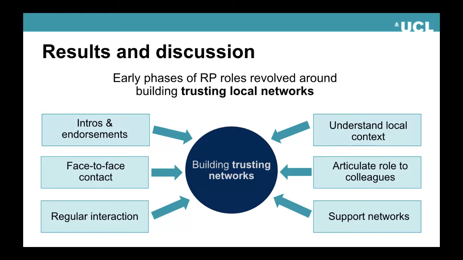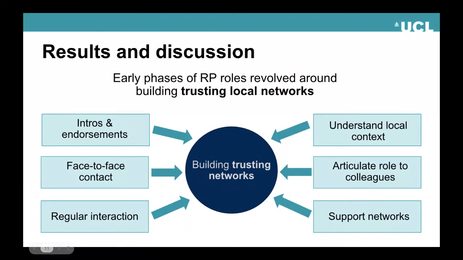Face-to-face contact was also described as being really valuable, and it was actually something that was missing for a lot of these individuals because many of them started in their posts basically at the beginning of the pandemic. So this is something that's important to consider for employers who are designing hybrid work policies in the future.